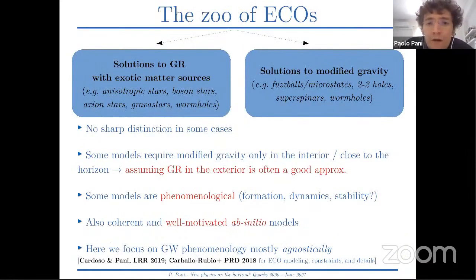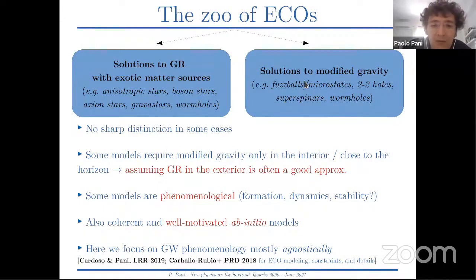In this context, I will talk about exotic compact objects. So for me, exotic compact object means objects that are very compact and they are neither black holes nor neutron stars. They come in very different flavors. I think that we can roughly divide them into solutions to general relativity with exotic matter, so not necessarily beyond-GR physics, or solutions to modified gravity.